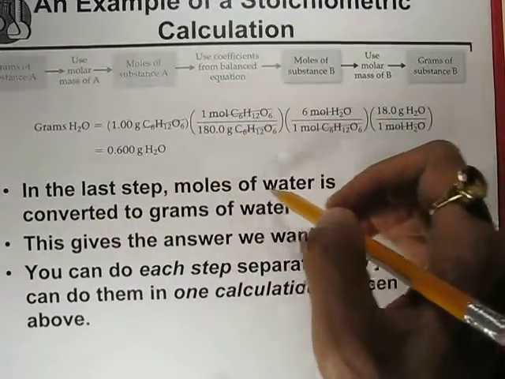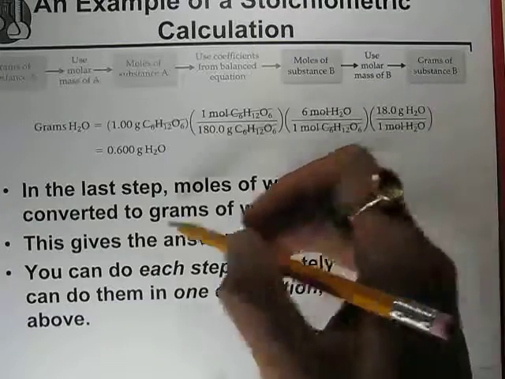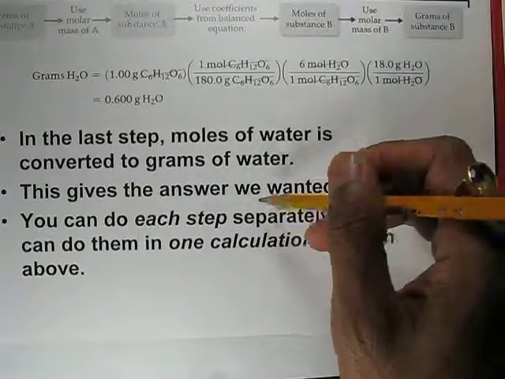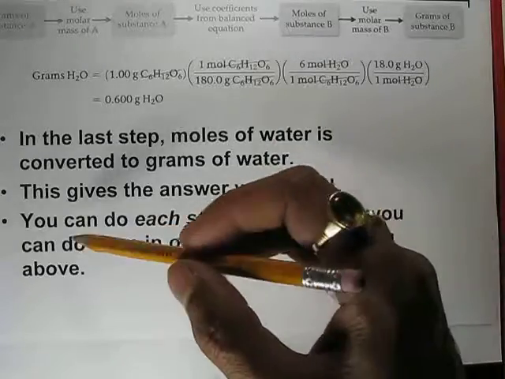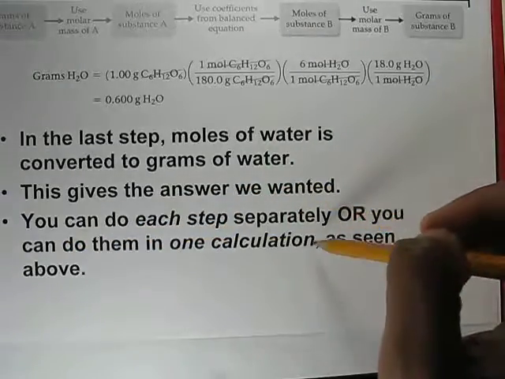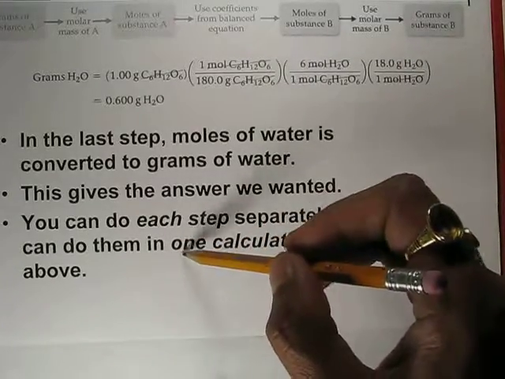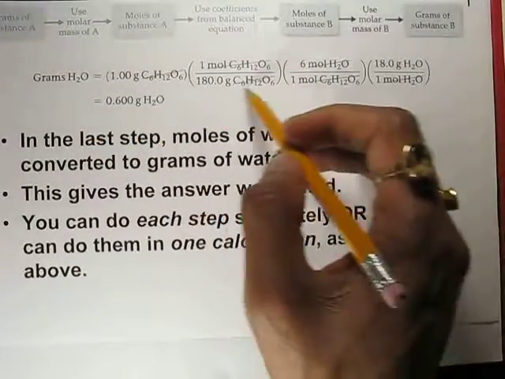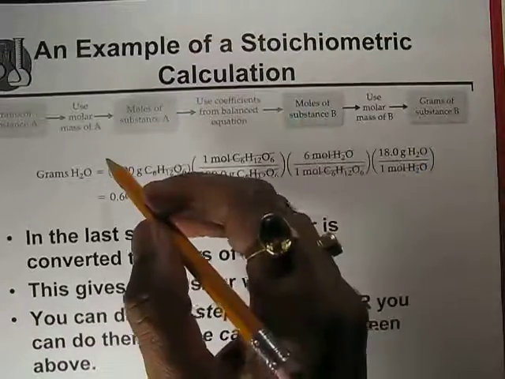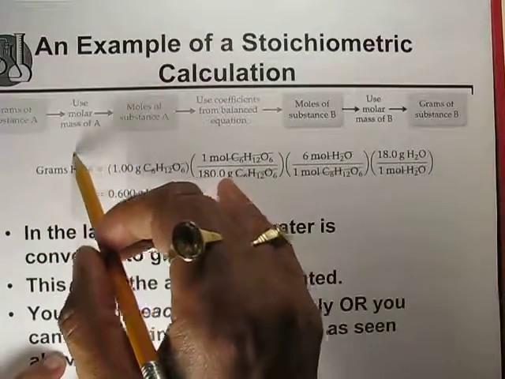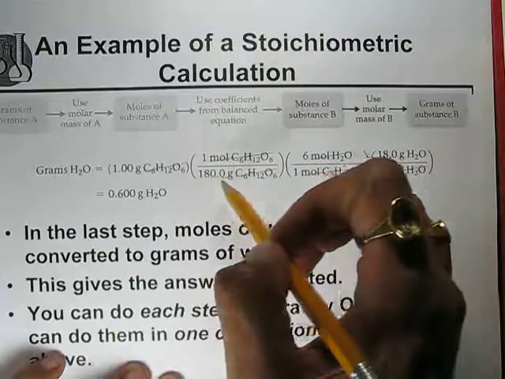So in the last step, moles of water are converted into grams of water, and this gives the answer we wanted. You can do each step separately, or you can do them in one calculation. So this is the one calculation: from 1 gram, how many grams of water will come?